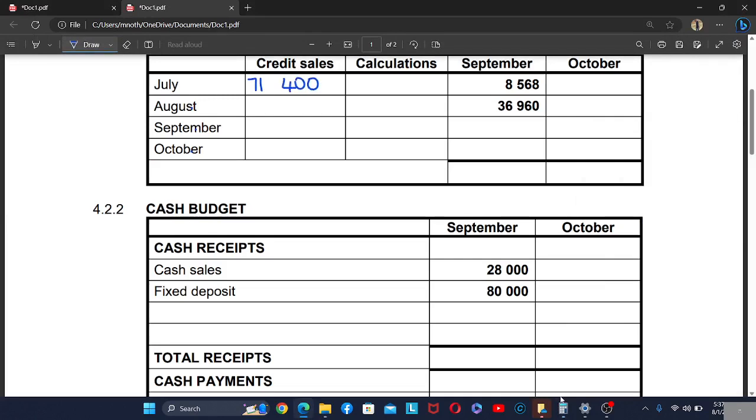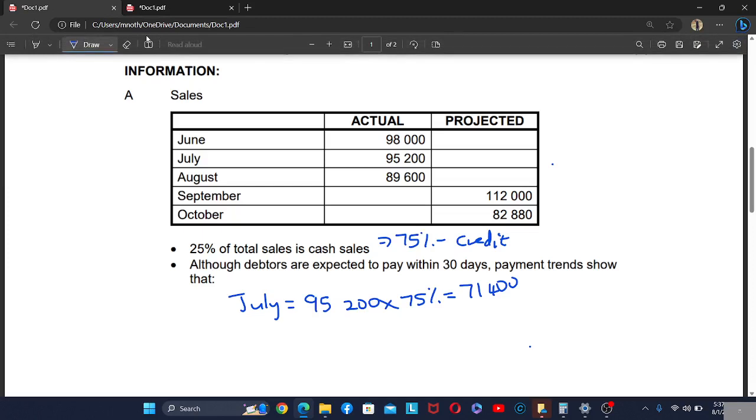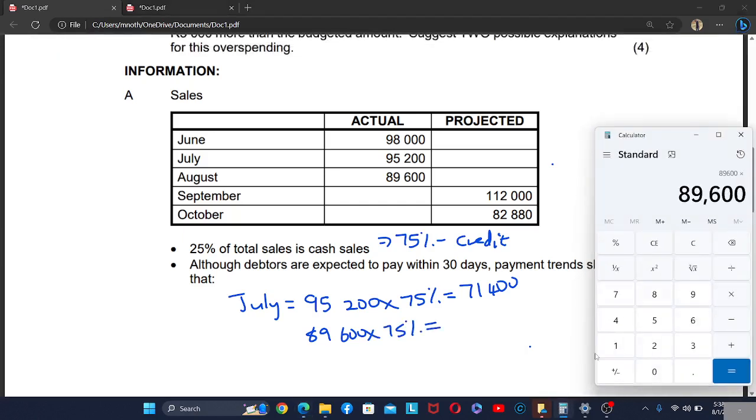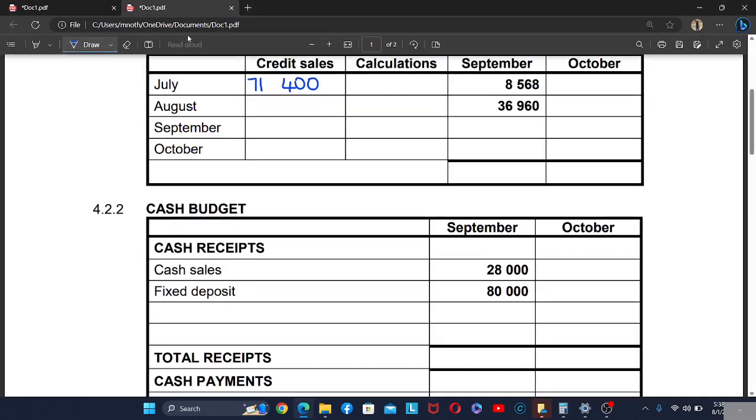And then now August. For August, 89,600 multiplied by 75%. That is 67,200.